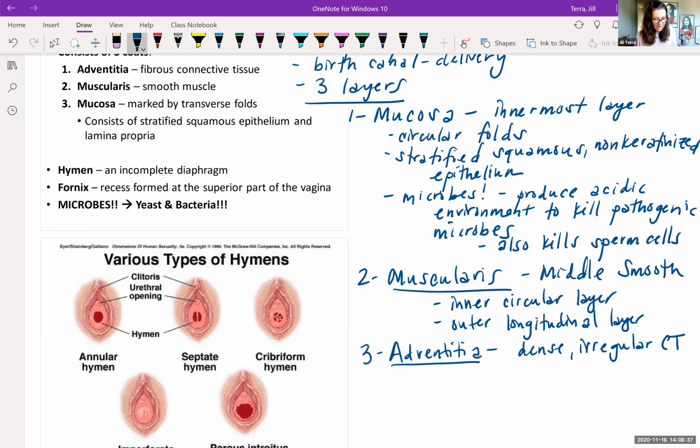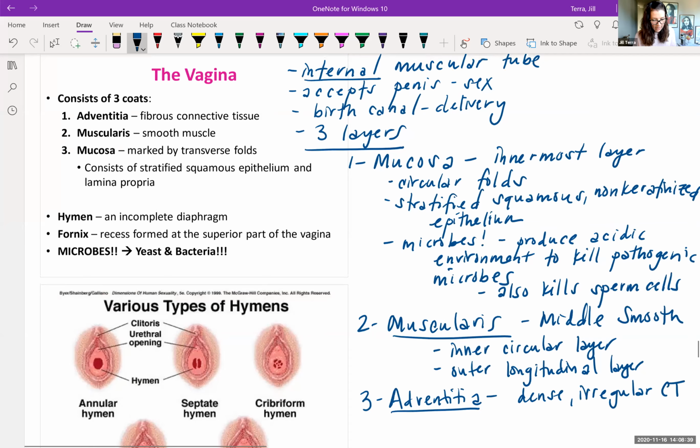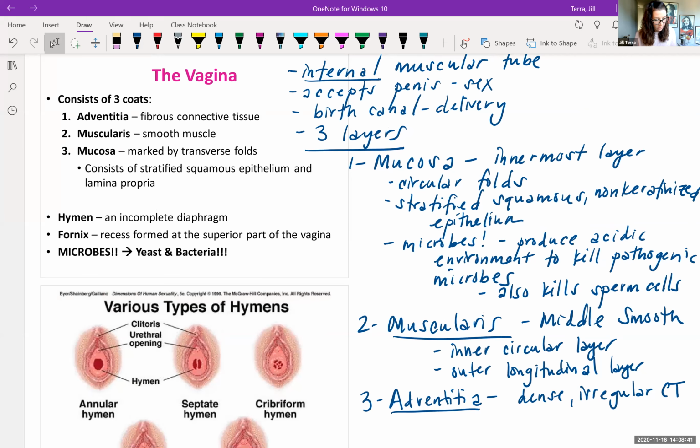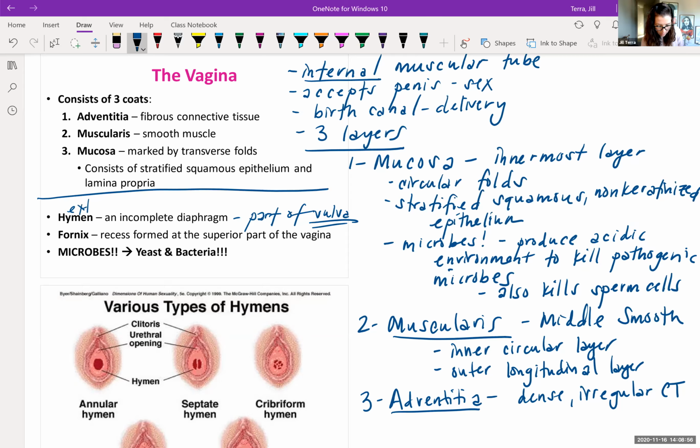Okay, then at the opening of the vagina, there's an incomplete diaphragm called the hymen. And so it is external, so it is part of the vulva, because it is external, right? Whereas the vagina is internal, okay?